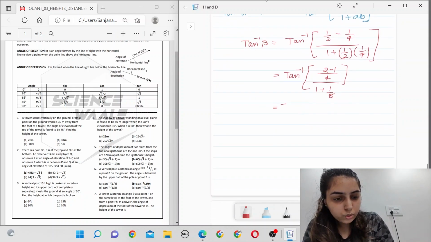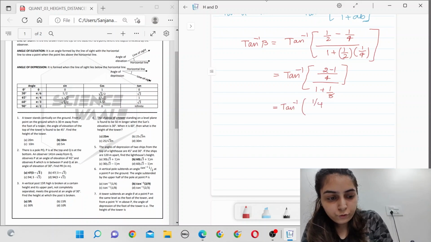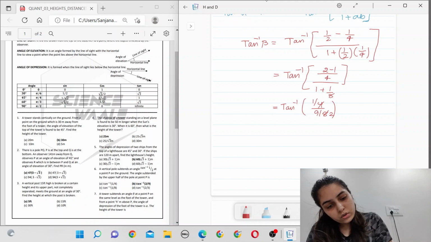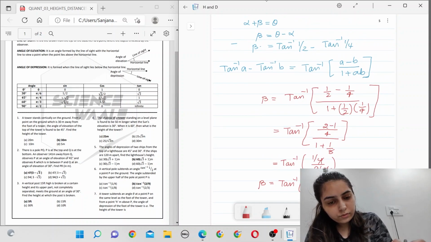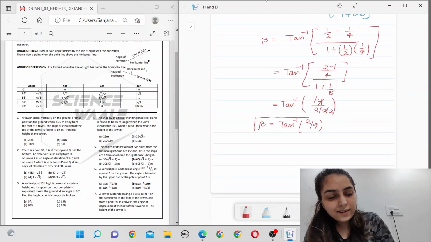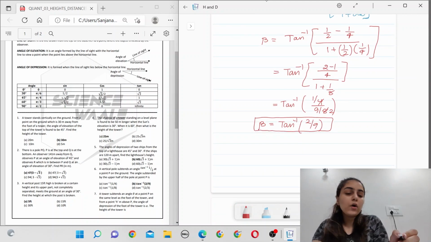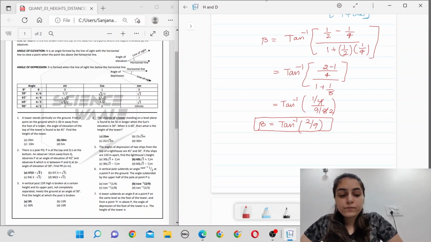So that is equal to tan inverse of (1 by 4) by (9 by 8). So this is 2 by 9, so the answer is tan inverse of 2 by 9. Beta is equal to tan inverse of 2 by 9. Sorry, take out that tan inverse which we wrote above. So now the answer is beta is tan inverse 2 by 9, which is option B.